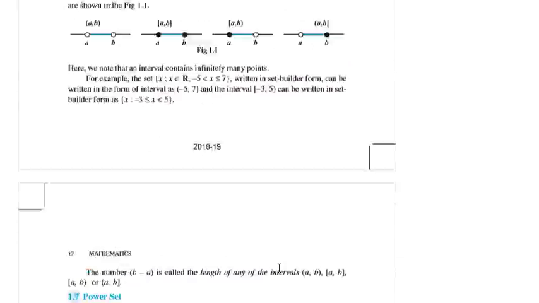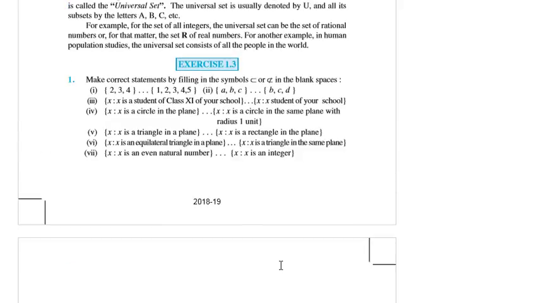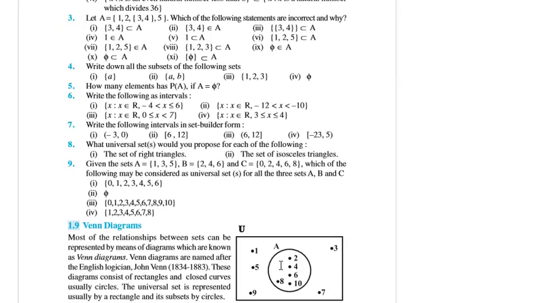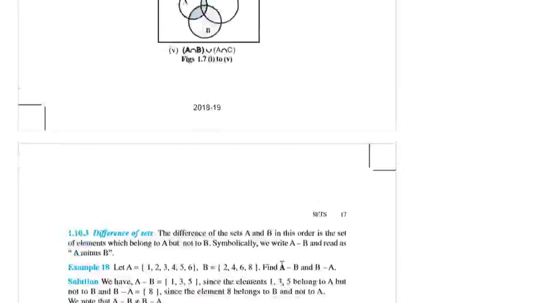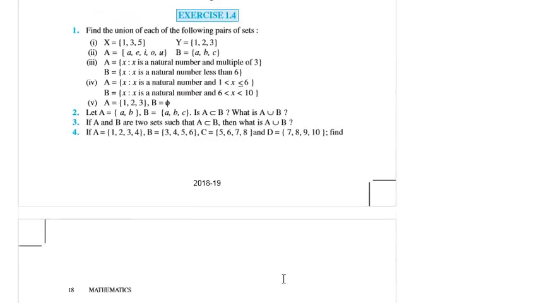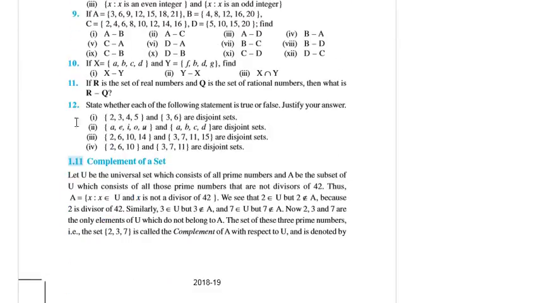Subset relation we have seen, 1.3 we have seen, Venn diagram 1.4. The 11th and 12th questions, okay, two more questions are there. The 10th and 11th we have done.